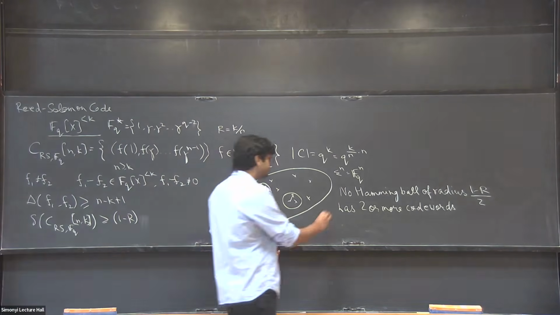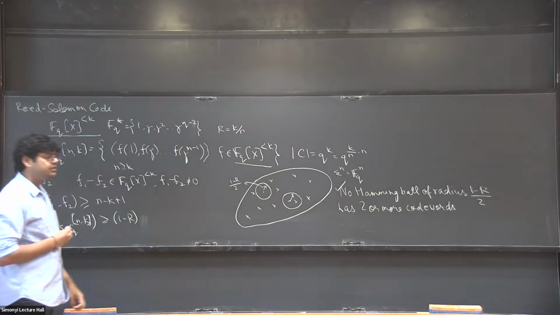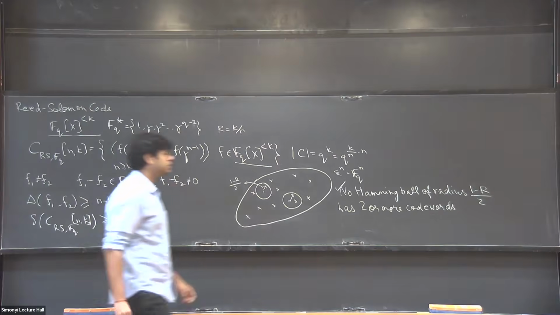Okay, we are interested in strengthening this result. How can we try to strengthen this? Well, maybe we can try to improve the radius, but that turns out to be tight. So let's quickly see why.